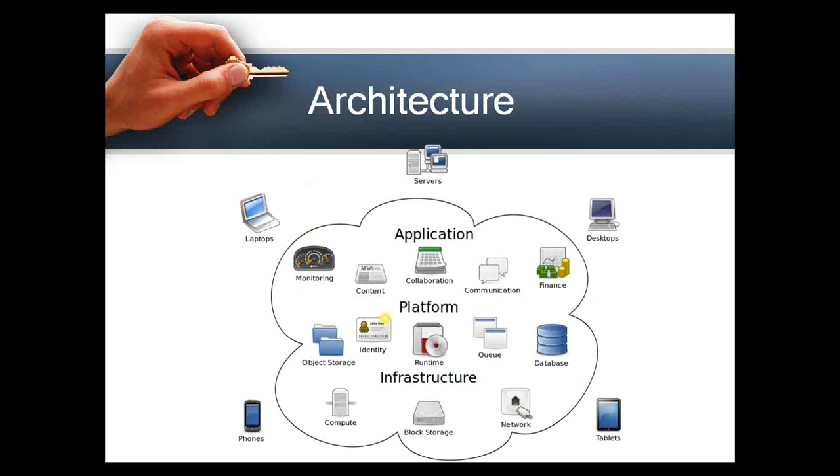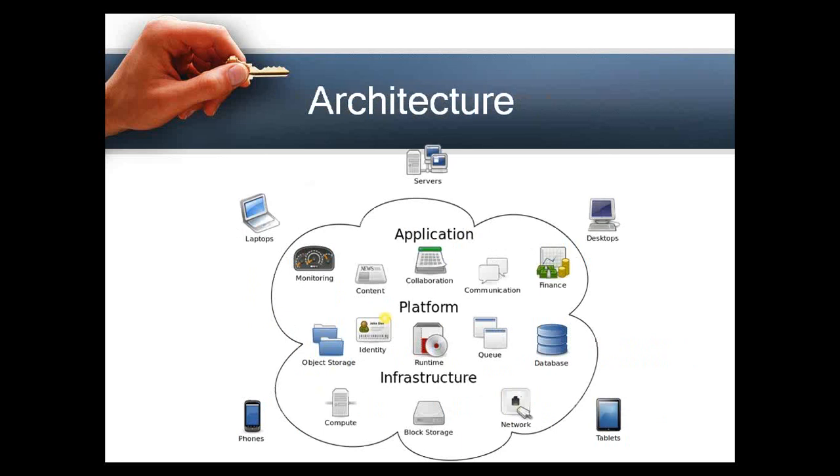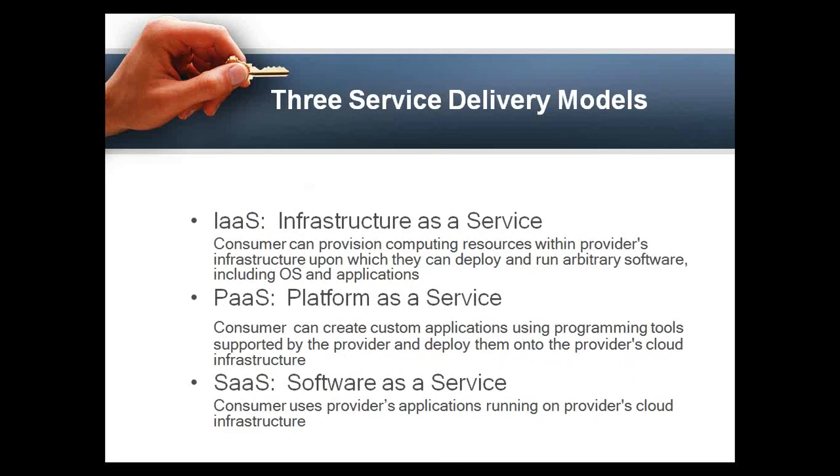Next is the architecture of the cloud. In the cloud, we have three service delivery models: infrastructure as a service, platform as a service, and software as a service. What does it mean? We'll read the simple definition of these.